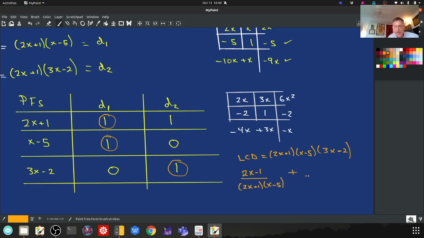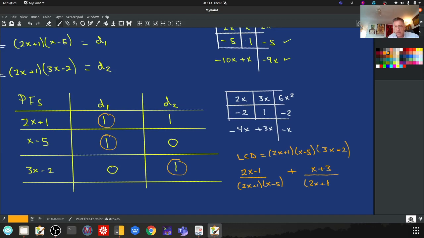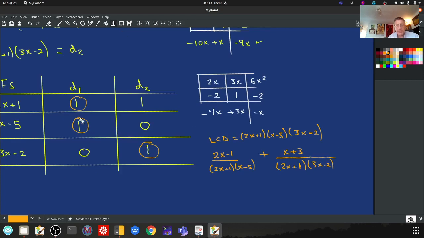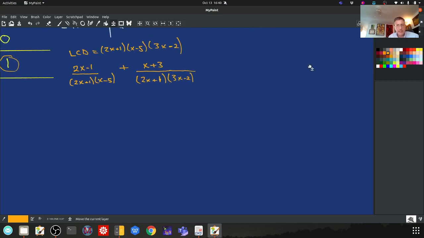And then I'm going to add that to x plus 3 over my second denominator, which is 2x plus 1 times 3x minus 2. So I've got everything that we need right here. That's what we're doing.